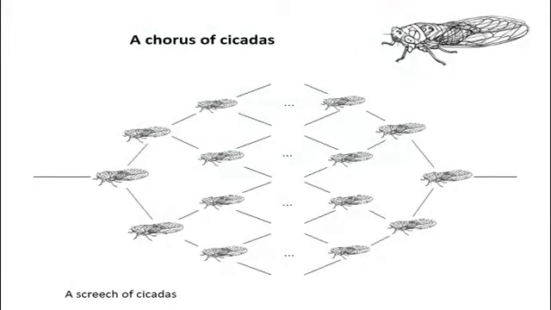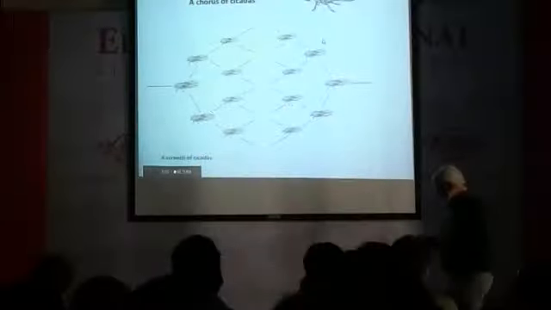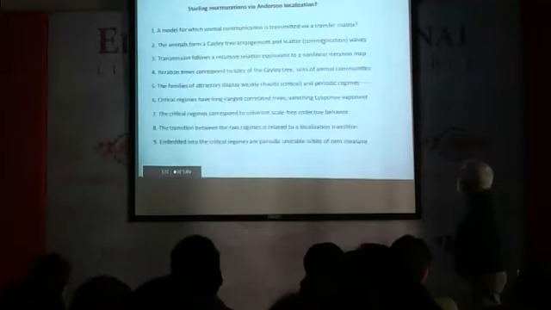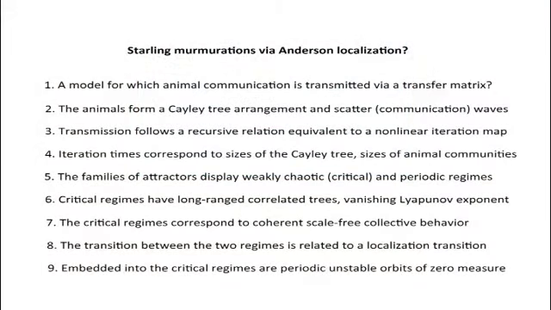We can take the double Cayley tree and place this kind of scatterers. So they're not moving like the birds, but you can hear them sometimes. And let's just read this, which is not fully serious.